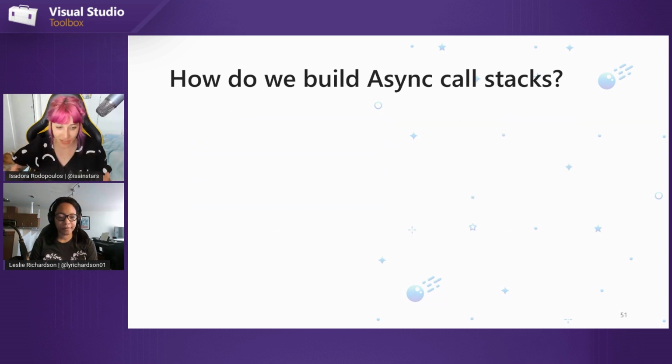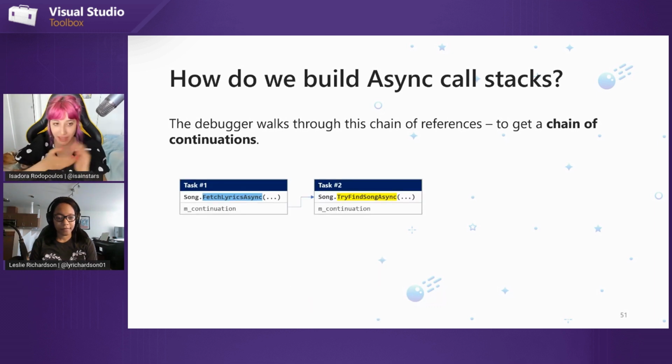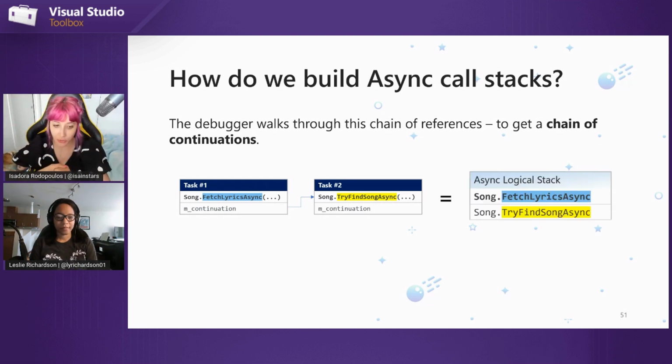And with that, we basically get all of these continuation fields, and we are able to get a chain of continuations. So we had this before, which was FetchLyricsAsync and then TryFindSongAsync. We run through all of them, and we group them together into what we call an async logical stack.